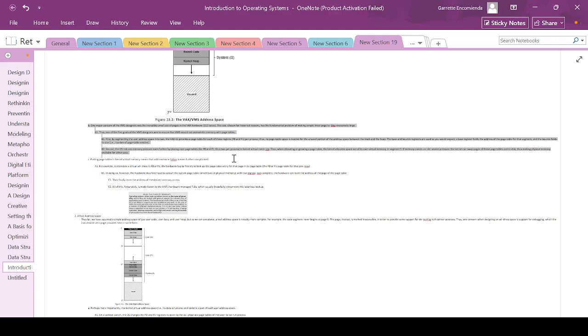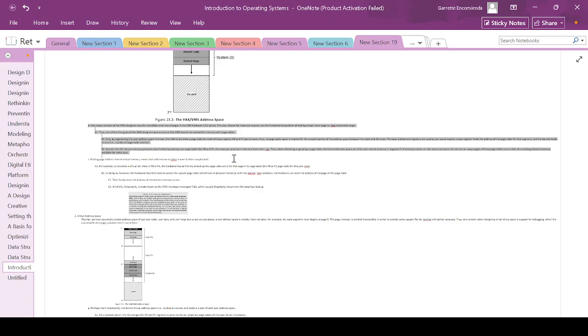Again, second, the OS reduces the memory pressure even further by placing user page tables in kernel virtual memory. So we divide that into two. That's one of the solutions.